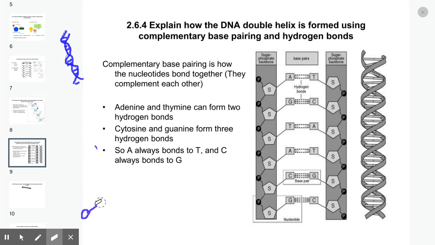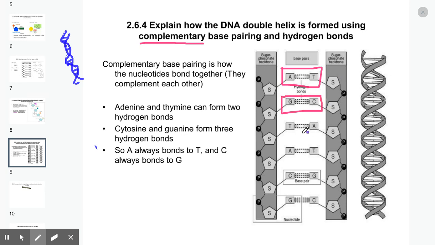When we're talking about complementary base pairs, we're talking about bases that complement each other. And it's not like, hey, you look great today. No, we're talking about they match. So this type of complement with an E means that they're matching. In the world of nucleotides, in DNA, A will always complement T. So adenine and thymine always go together, and guanine and cytosine always go together.